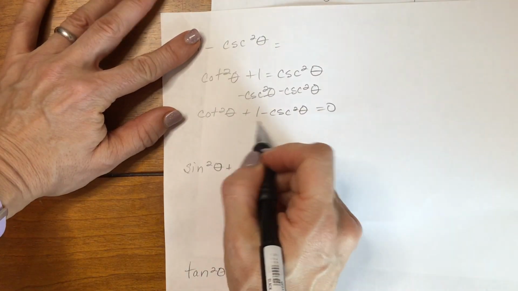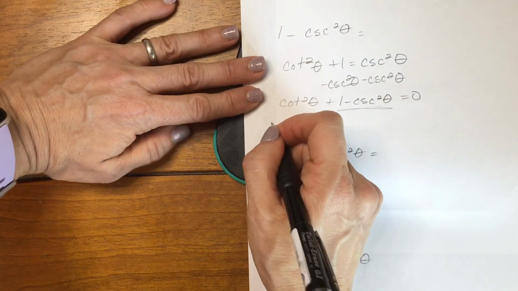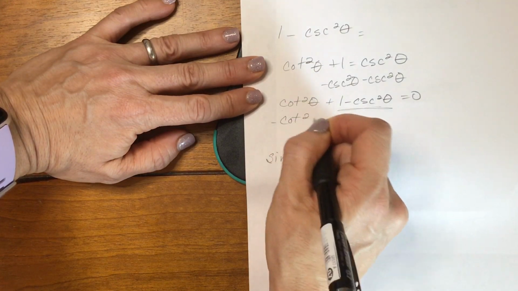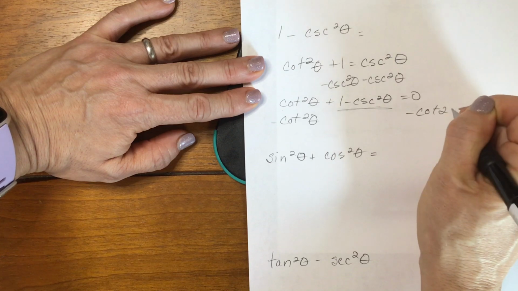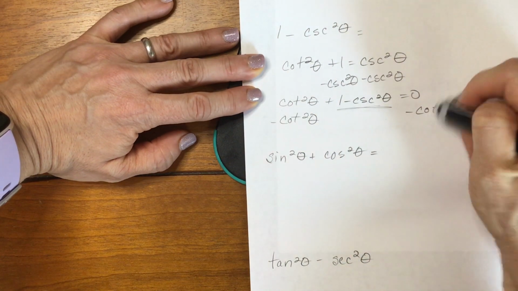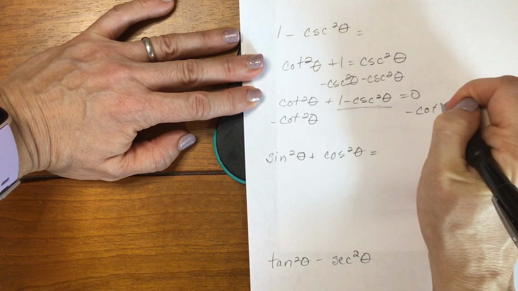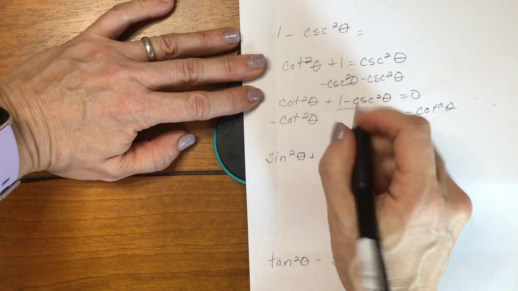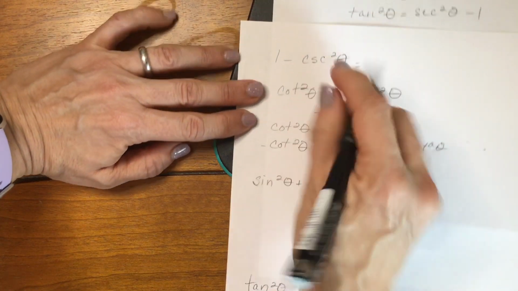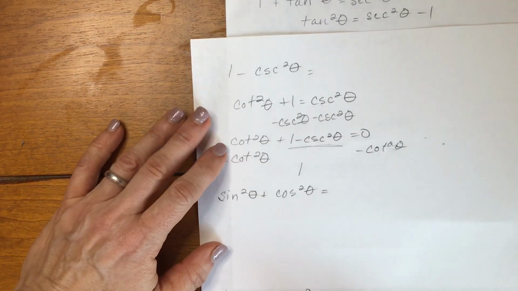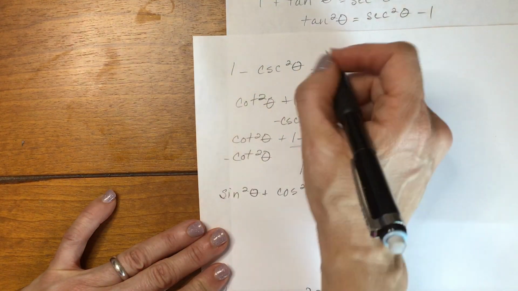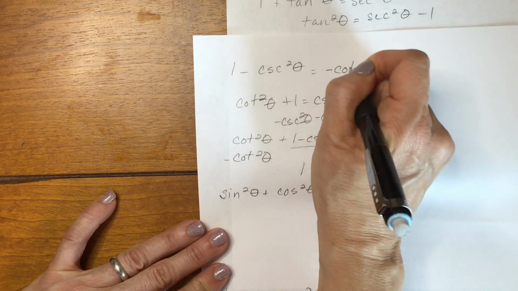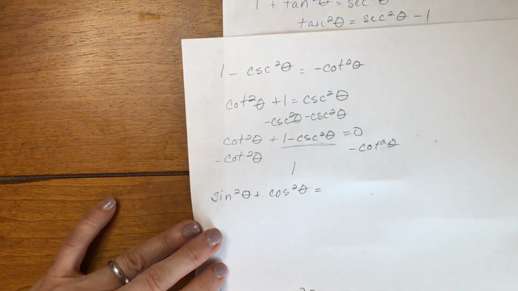But I just want to know what this equals, so I'm going to subtract the cotangent squared theta from both sides. Oops, that should be an exponent, not a 2. And so I now know that to simplify this expression, 1 minus cosecant squared equals negative cotangent squared theta.